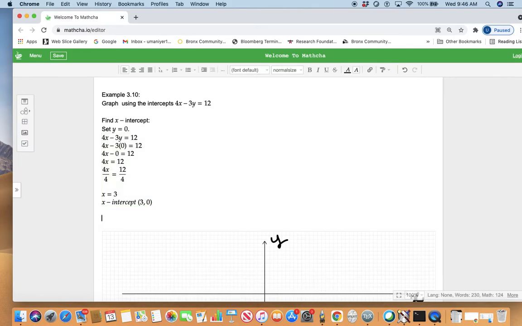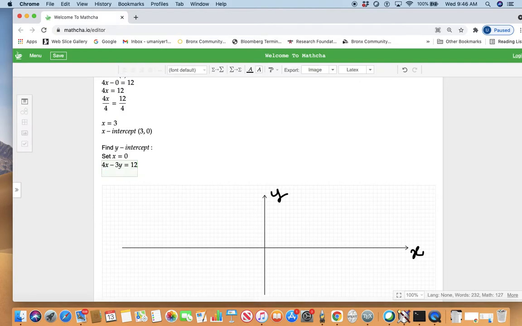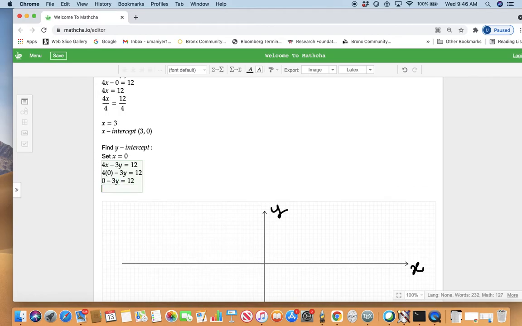In the same way, we try to find the y-intercept. How do you find the y-intercept? Set x equals 0 in the original equation. 4 times 0 minus 3y is 12. 4 times 0 is 0, minus 3y is 12.